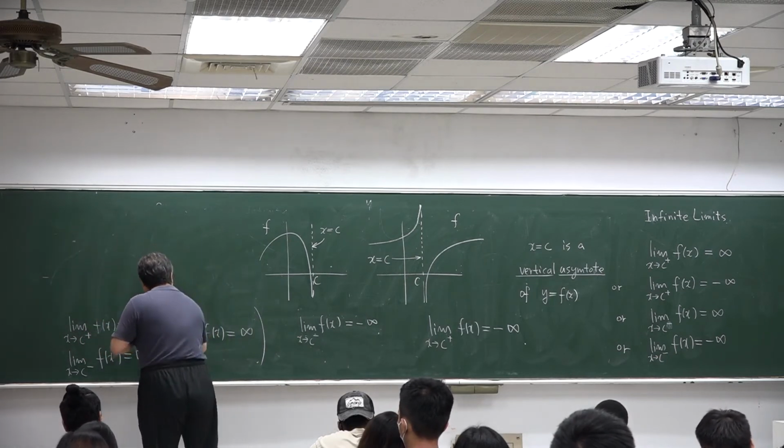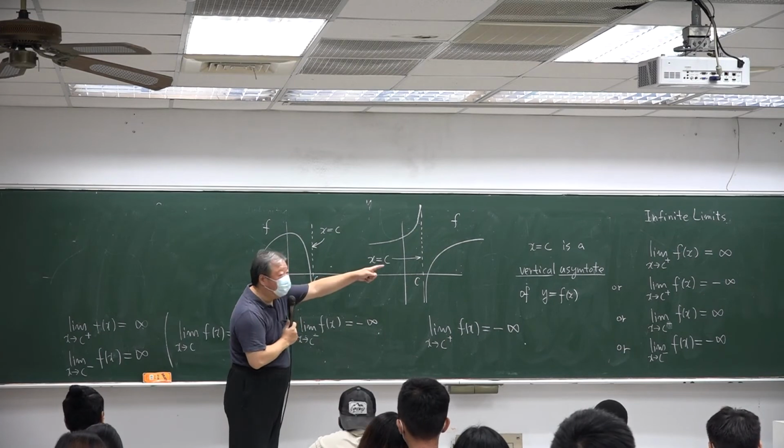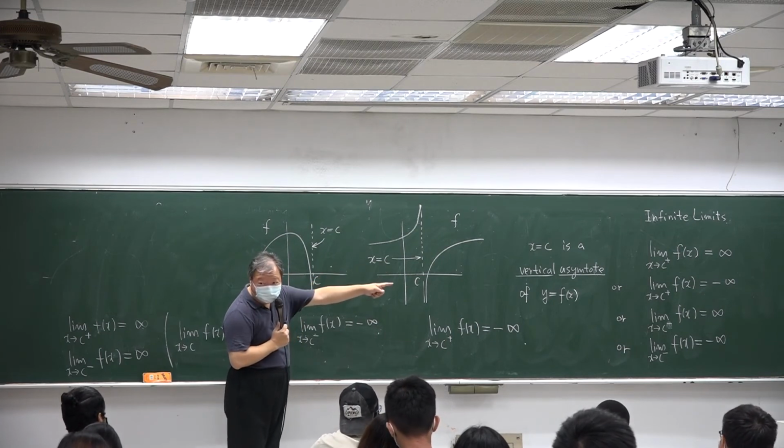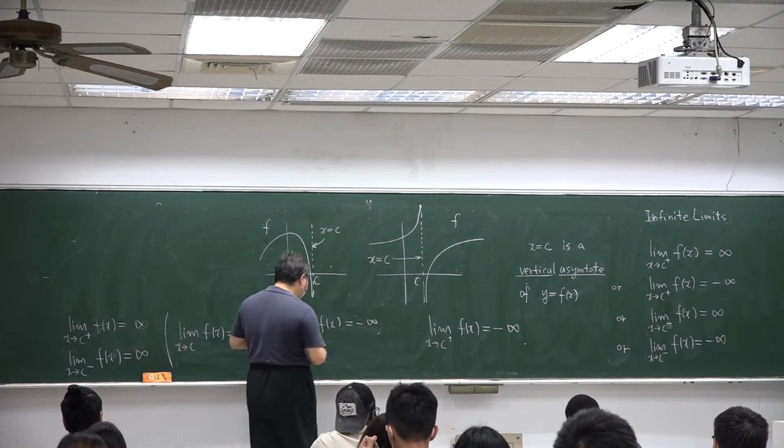For completeness, we finally consider what? Infinite limits at infinity. Okay? Infinite limit at infinity.